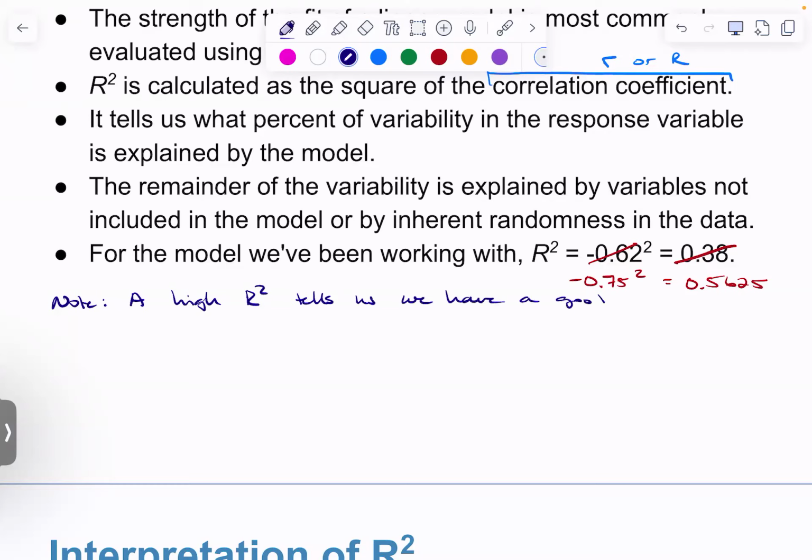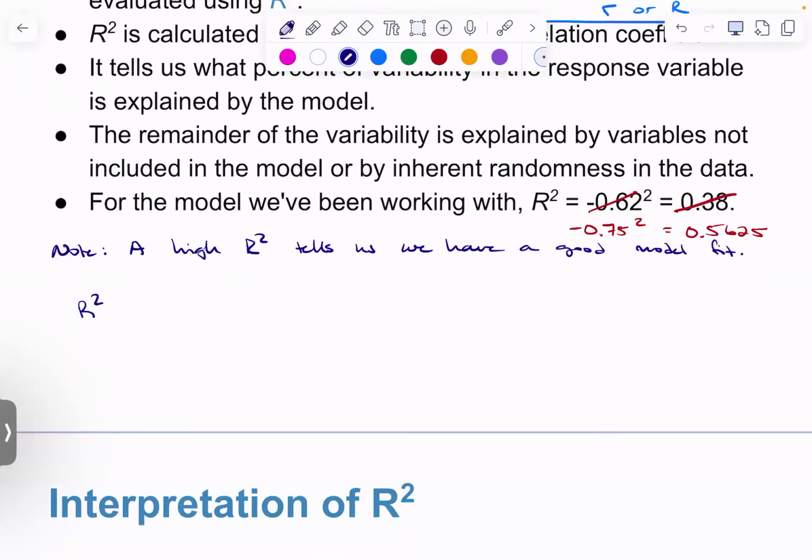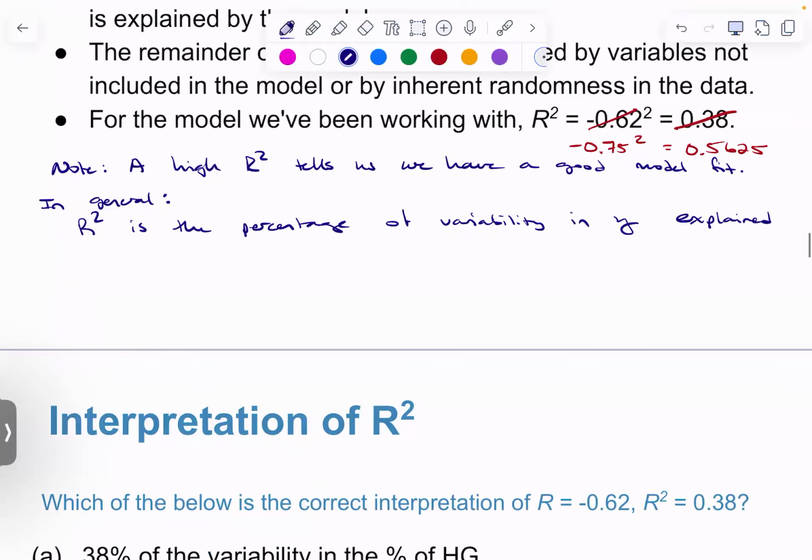So in general, R squared is the percentage of variability in Y explained by the least squares regression line on X.